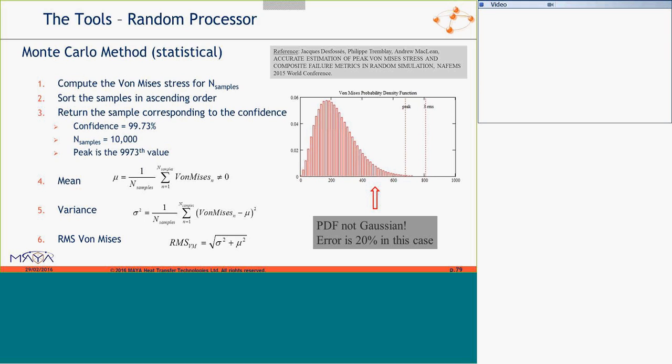In this case, for 99.73% confidence, which is the value for a Gaussian distribution, if we have some samples, that's the 9,973rd value. That value we would then plot here on the graph. That's the peak value, and that's the distribution.